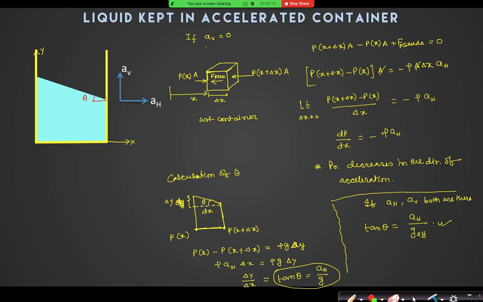Now theta can be calculated in another way also, by drawing the free body diagram of any fluid particle. Alternatively, if you see a fluid particle on this surface, suppose this is a fluid particle of mass dm.